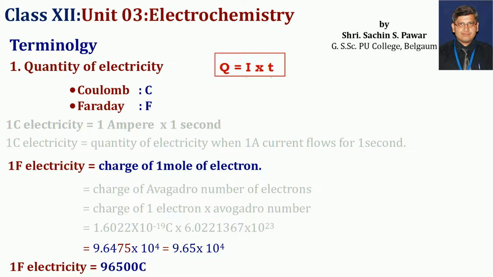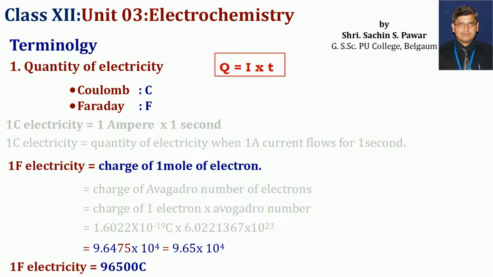Reducing this value to 3 significant figures, we get 9.65 into 10 to the power 4, that is, 1 Faraday of electricity comes out to be 96,500 coulombs.